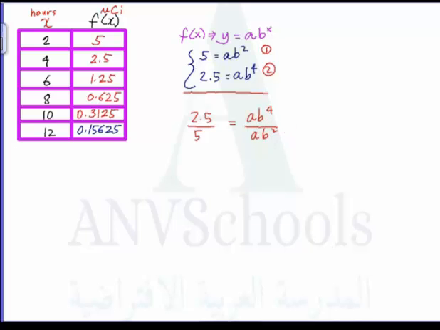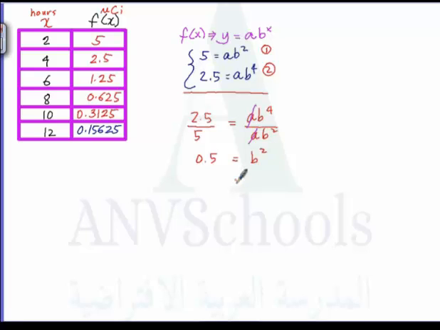Therefore, we could cancel our a here. That leaves us with 2.5 divided by 5, which is 0.5, is equal to b squared.